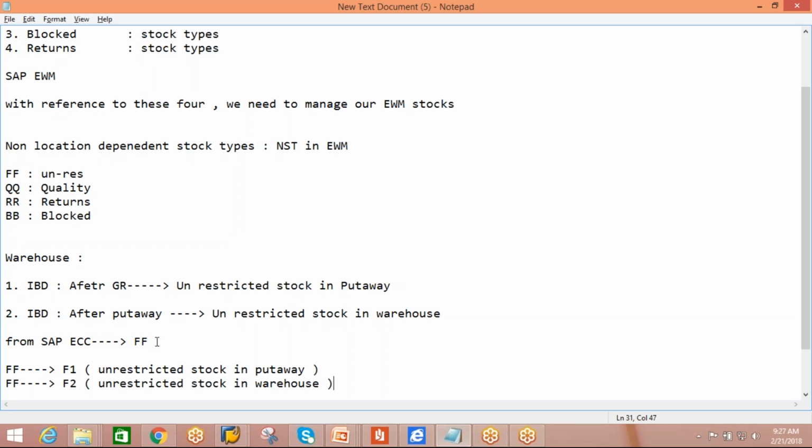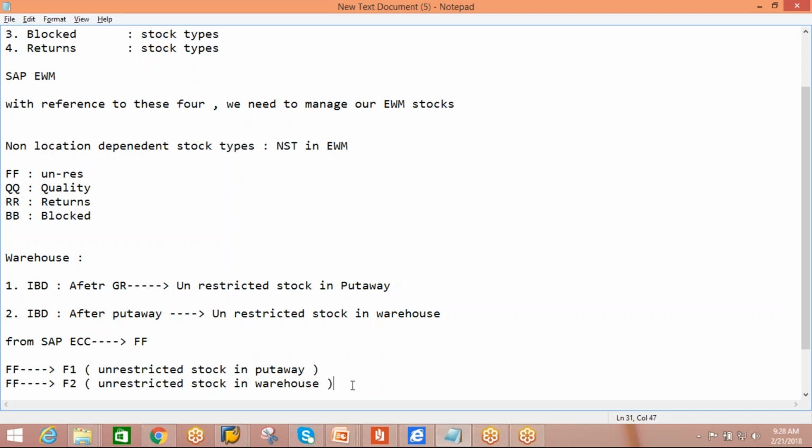From the ECC system we are getting FF. With reference to FF, I am differentiating two types: one is unrestricted stock in putaway, another is unrestricted stock in warehouse. Dividing it.